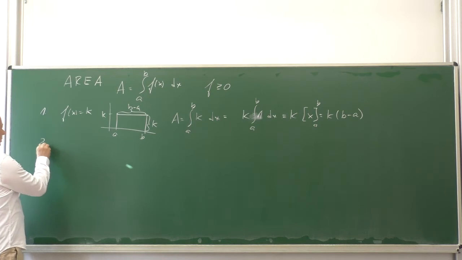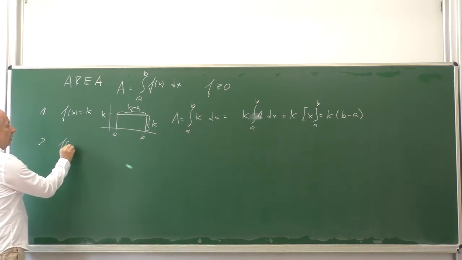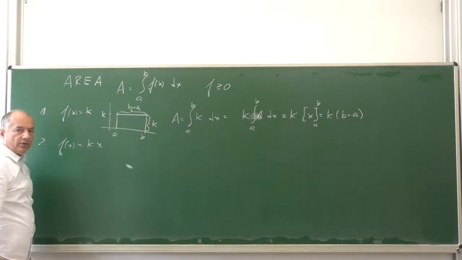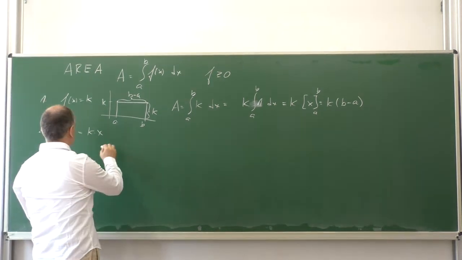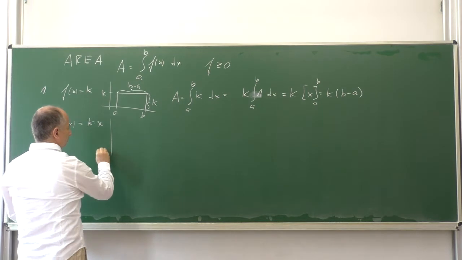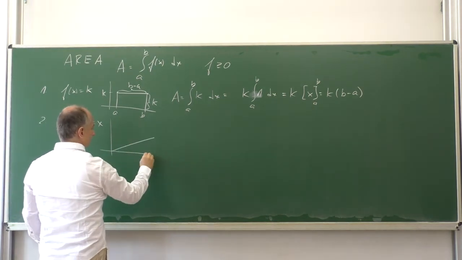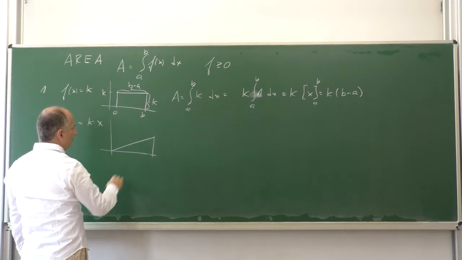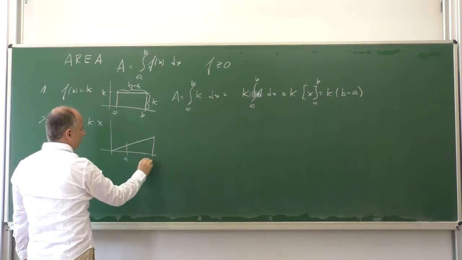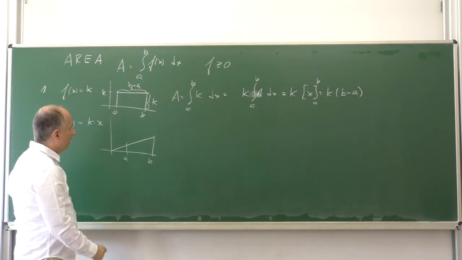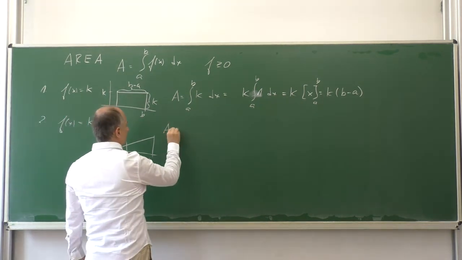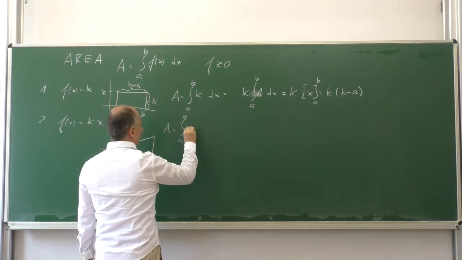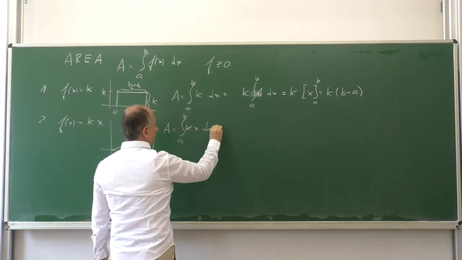What about a more complicated function? Say k times x, and yes, from a to b. Then, using the integral, we have the integral from a to b of kx dx.